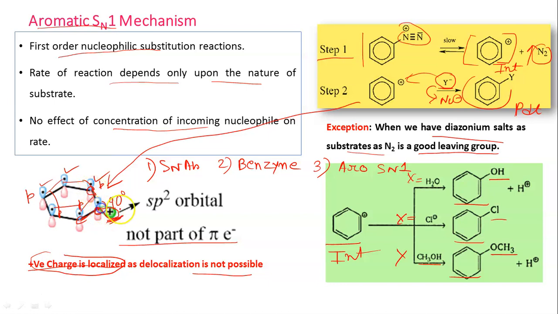This third sp2 is actually this green orbital, and the empty p orbital is this one. So that is the reason the positive charge is not delocalized. That is why this aryl cation is highly unstable, and only in the special case, when our leaving group is N2, can you get this type of aryl cation.